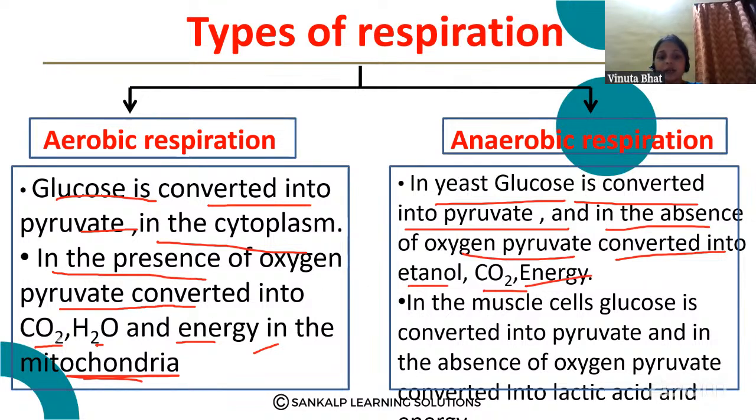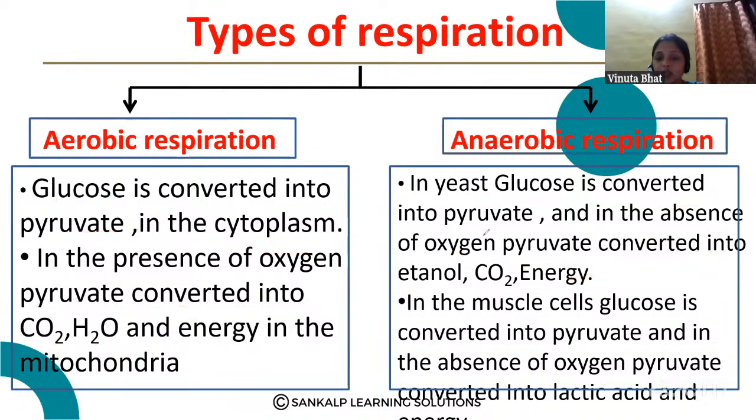Here it is converted into carbon dioxide, water and energy, but here carbon dioxide, ethanol and energy are formed. In muscle cells, in case of anaerobic respiration, lactic acid and energy are released.